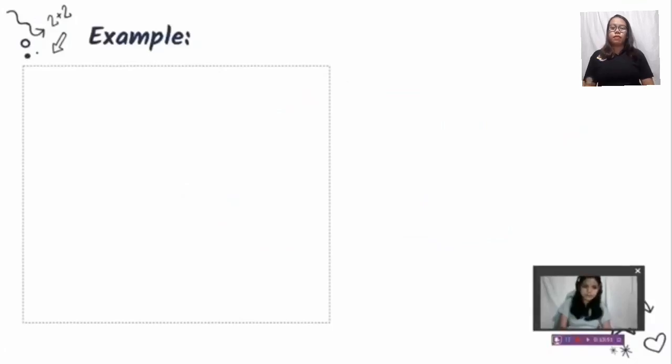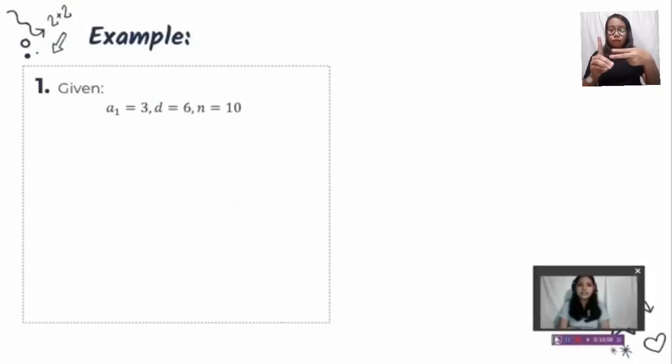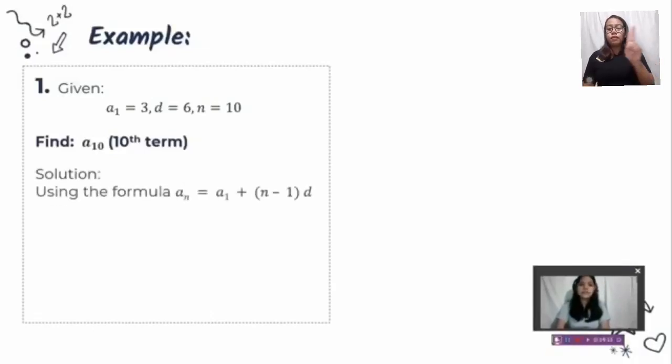Example, for number 1, our given a sub 1 is equal to 3, d is equal to 6, and n is equal to 10. We need to find the a sub 10 or the 10th term. So using the formula, a sub n is equal to a sub 1 plus the quantity n minus 1 times d.